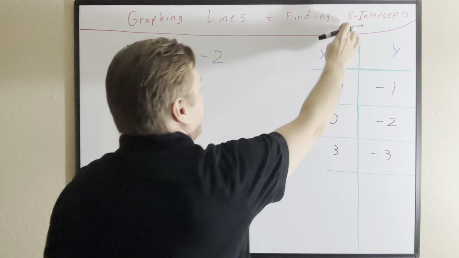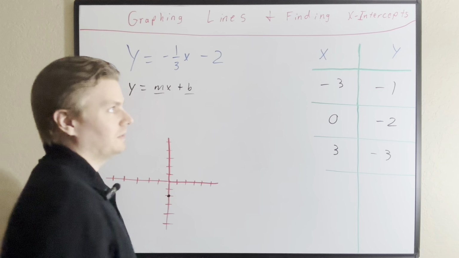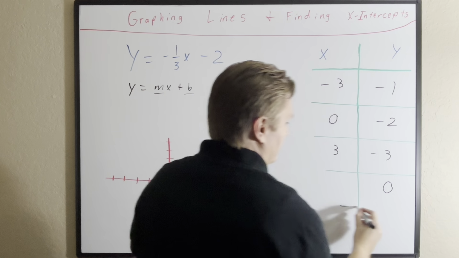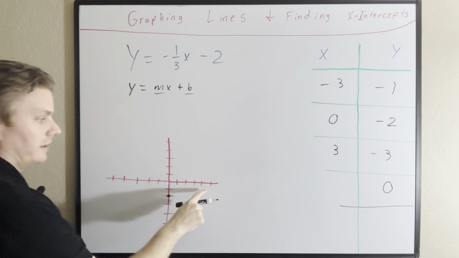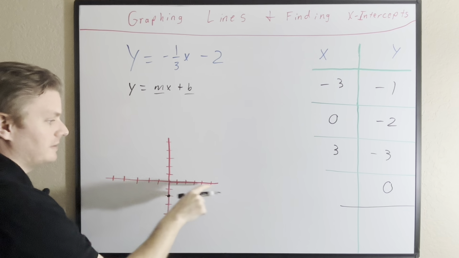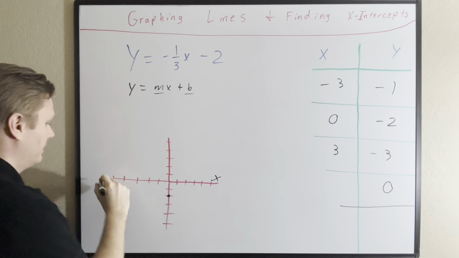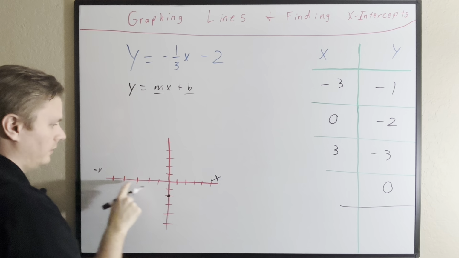But when we find the x-intercept, we kind of flip things around. We say y equals 0. Why y equals 0? Because we're talking about where the line intercepts the x-axis, right? And on the x-axis, y is always 0 throughout.